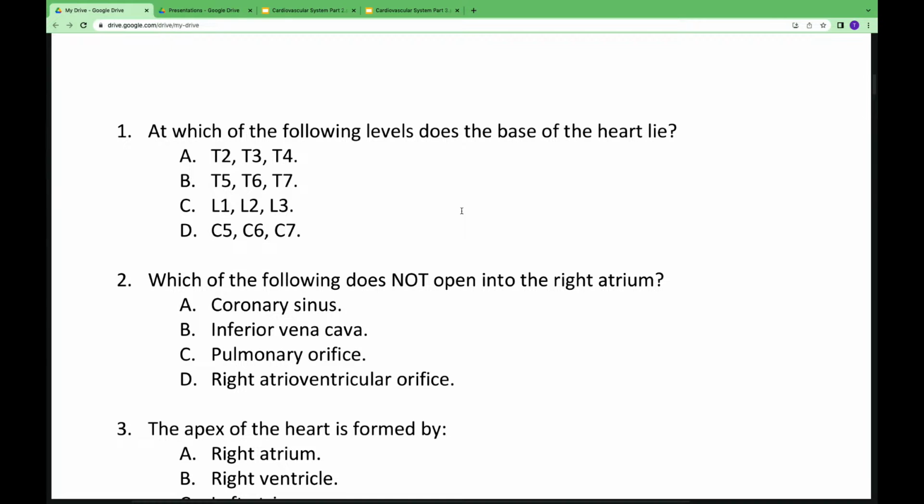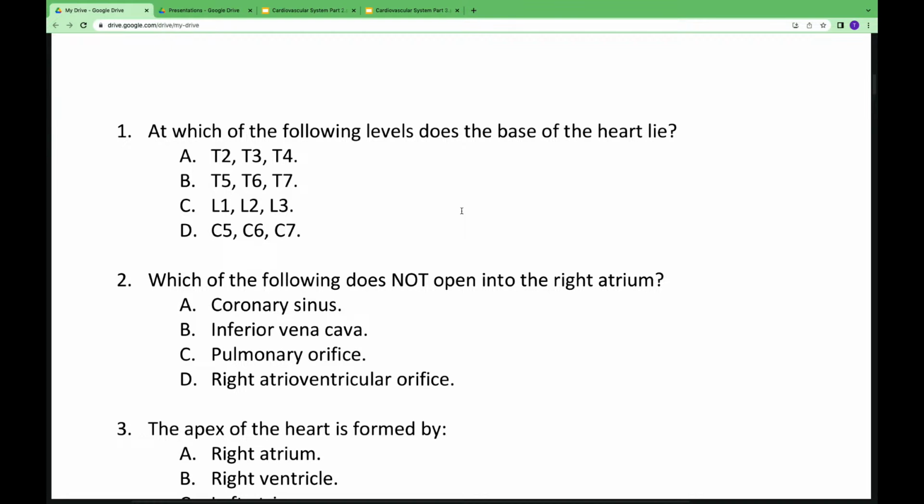Pulmonary orifice. Right ventricle to where? I just need you to talk more, guys. Exactly, pulmonary trunk, right? So this is from the ventricle to the pulmonary arteries, right?